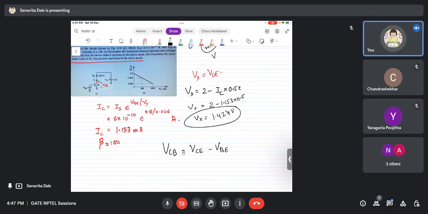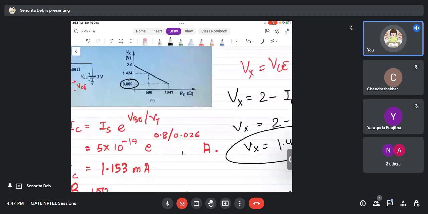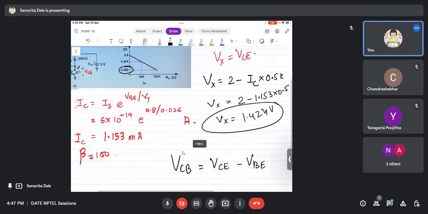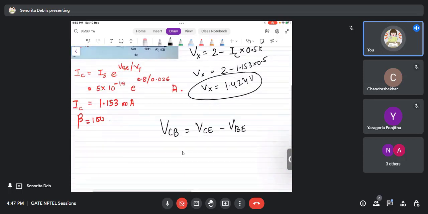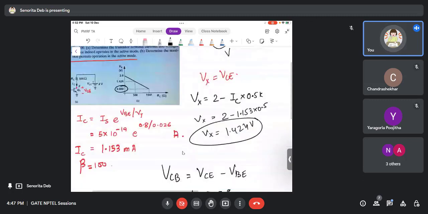What can be VCE? Here you can see the edge point will be 0.8, which is given here. You understood? So VCB is VCE minus VB, and VCE has to be greater than 0.8. So what is the edge? Edge is 0.8, right?